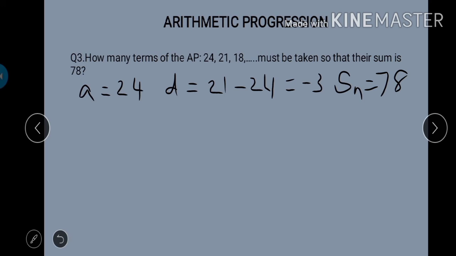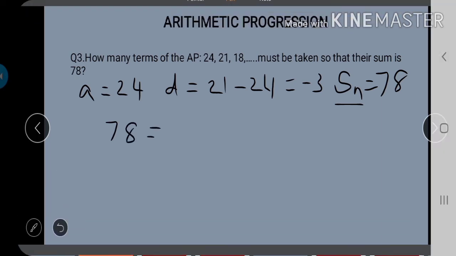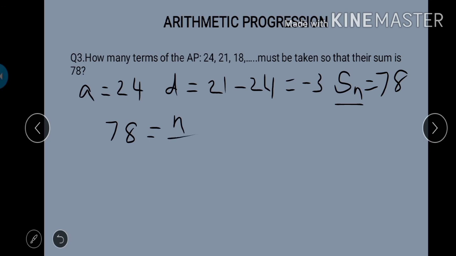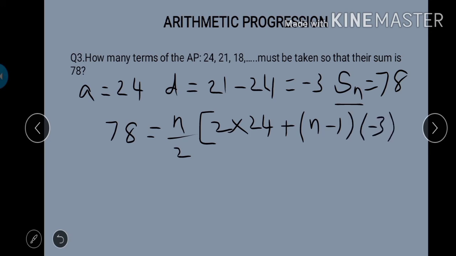Now using the formula for Sn, I have 78 is equal to n upon 2 into 2a, 2 into 24 plus n minus 1 into d, that is minus 3.